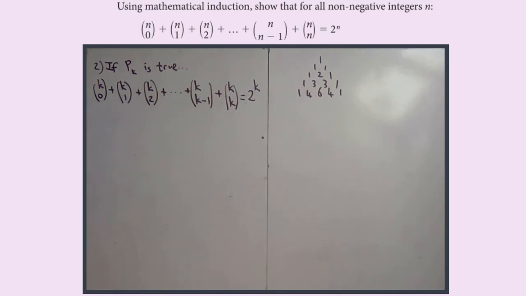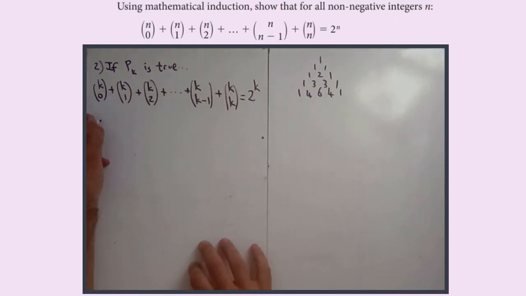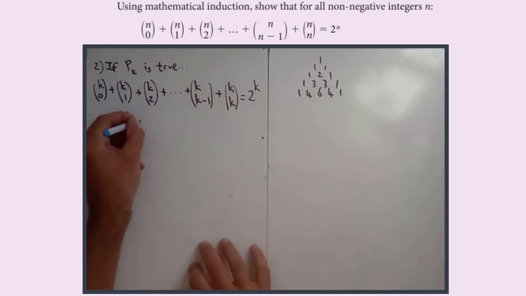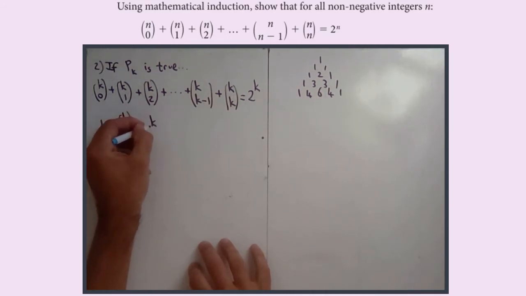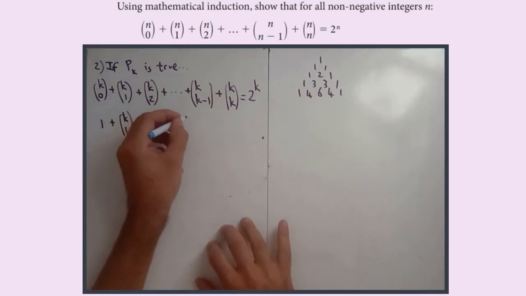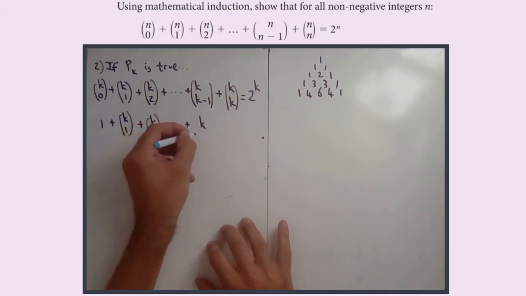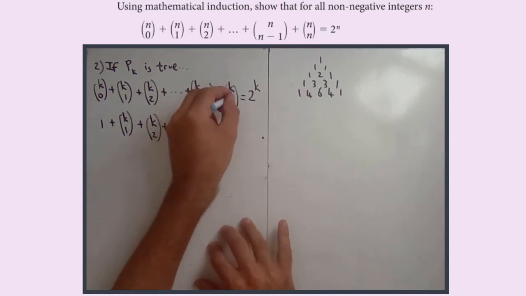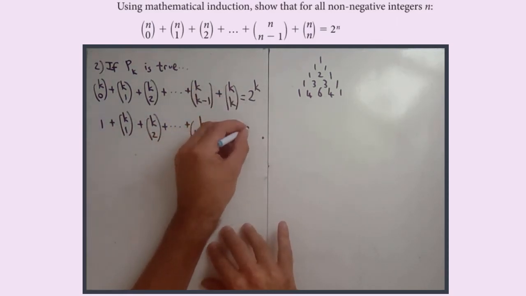I think that's important because I know what comes next, to put it mildly. So 1 plus kC1 plus kC2 plus ... plus kC(k minus 1) plus another 1 equals 2 to the k.